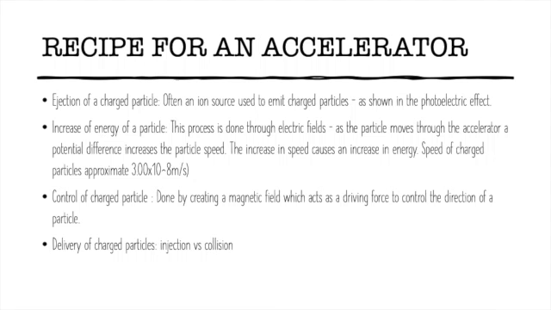This is done with magnetic fields, which can be thought of as a force that holds the particle in place in the middle of your vacuum tubes. And the fourth aspect is the delivery of the charged particle. This depends on what you intend on doing with it, whether it is an injection into a target or you want to collide the particles and create new elements or new basic particles.